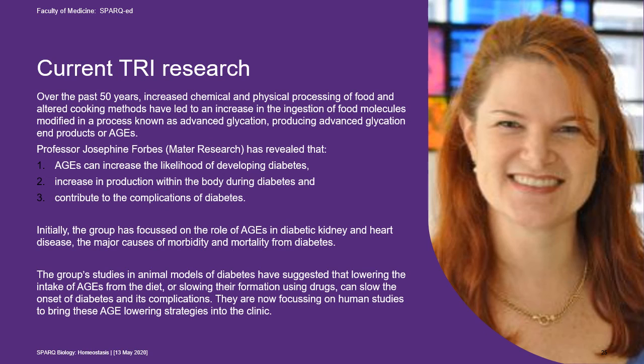Studies involving animal models suggest that lowering the intake of AGEs in their diet reduces the onset of diabetes. Also, medications that slow the formation of AGEs reduce the onset of diabetes and its complications. The team is now focusing on translating these animal studies into human trials in the clinic.